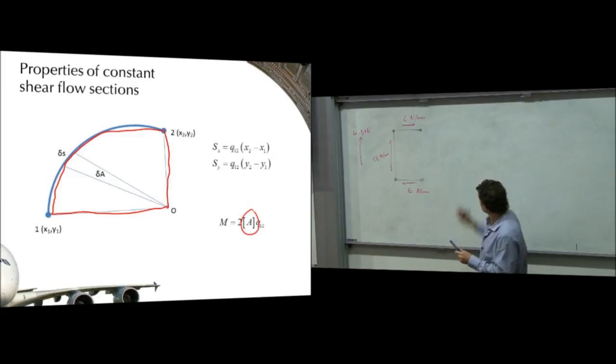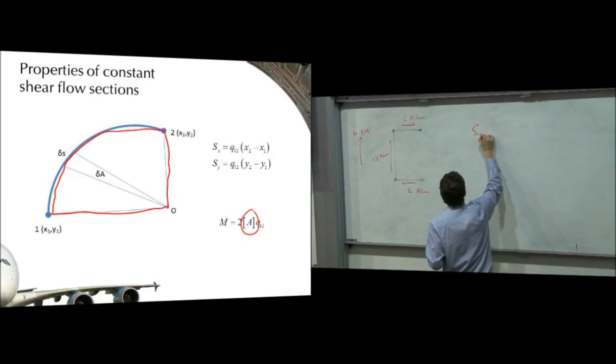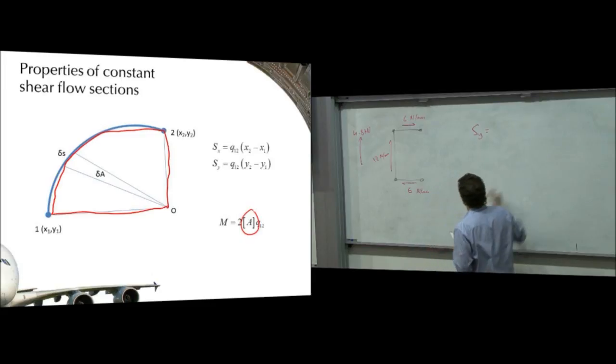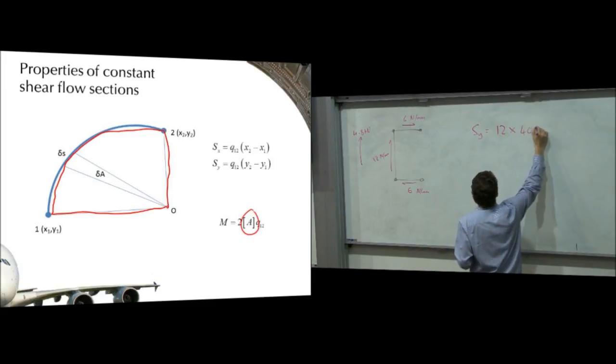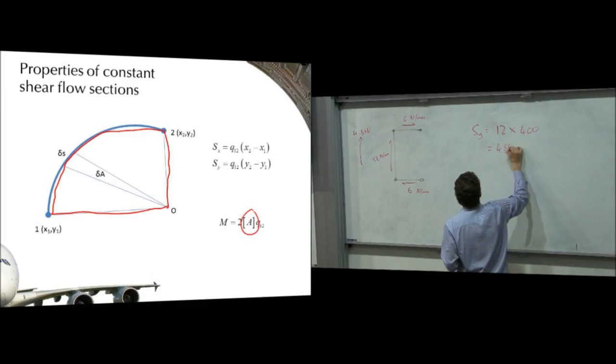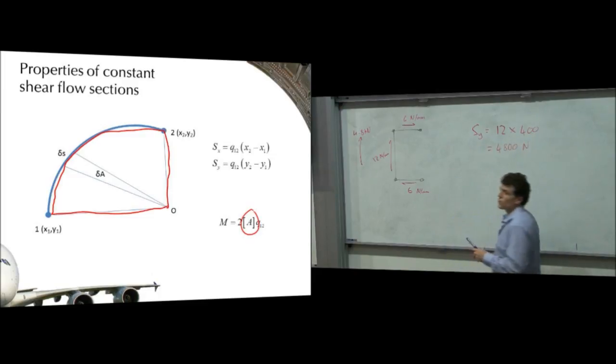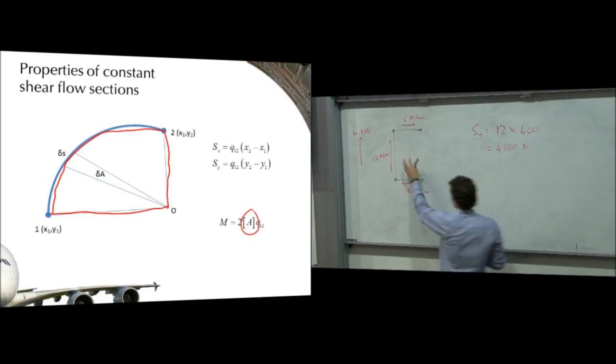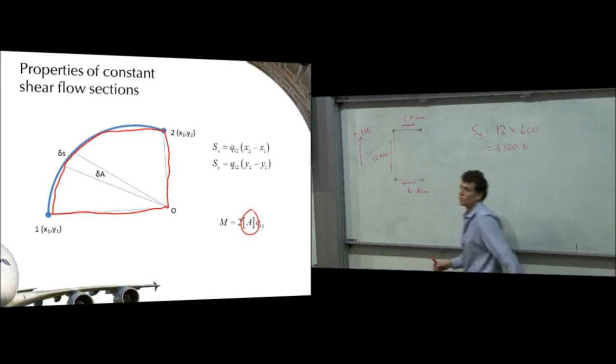So if we're looking at SY, if we're looking at the internal, we've got no Y from this one, no Y from this one. The only Y force comes here, and that's 12 times 400, which, wouldn't you know, is 4,800 newtons. So it's a quick way of checking that our internal forces equal our external forces.